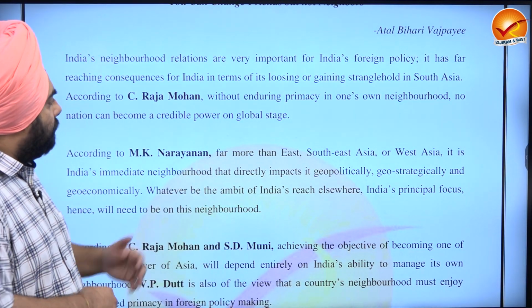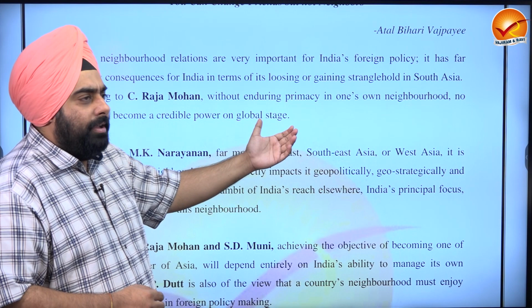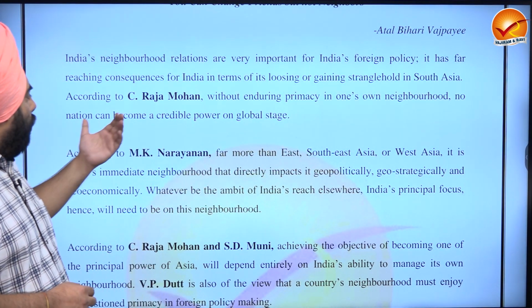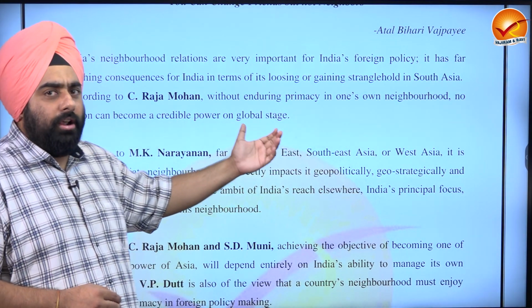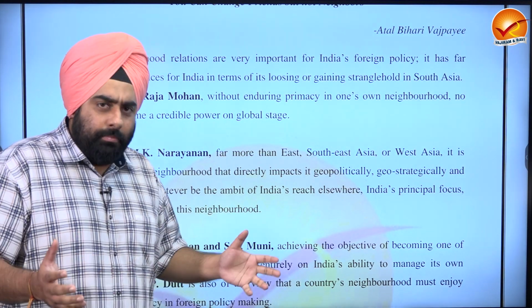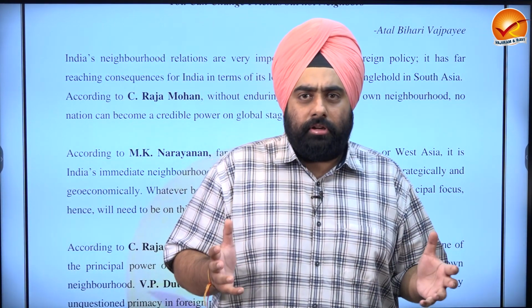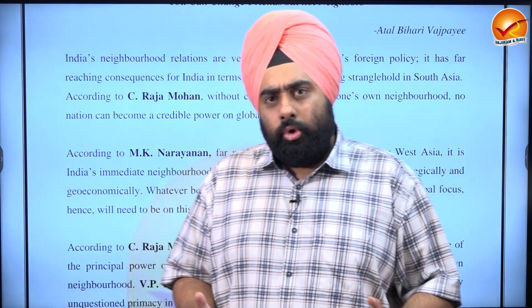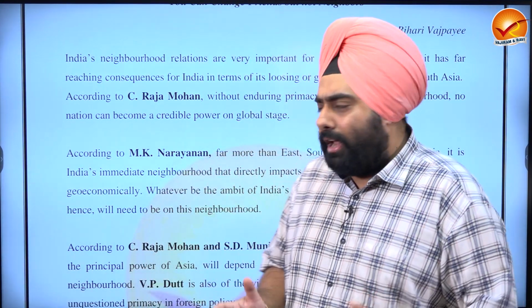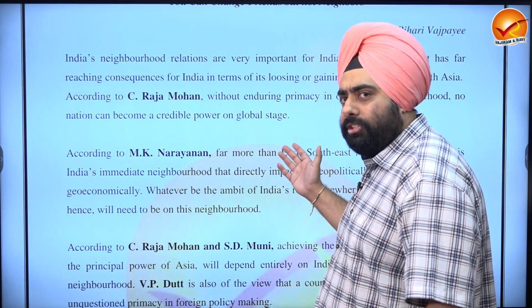C. Raja Mohan has also said that without enduring primacy in one's own neighborhood, no nation can become a credible power on the global stage. So C. Raja Mohan is here very clear in his viewpoint. He says that if you do not give primary importance to your neighborhood, then you can never become a credible power at the global stage.